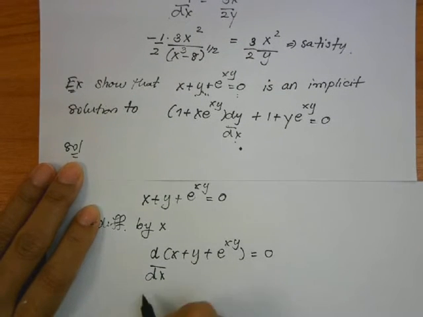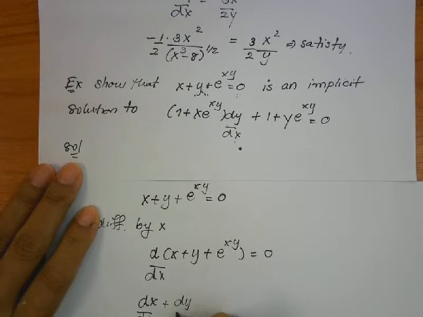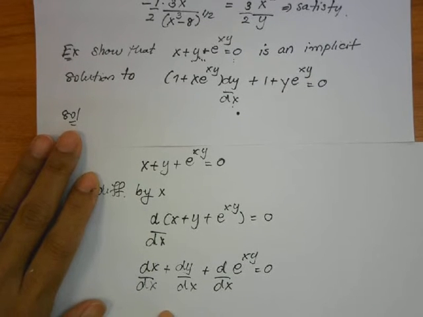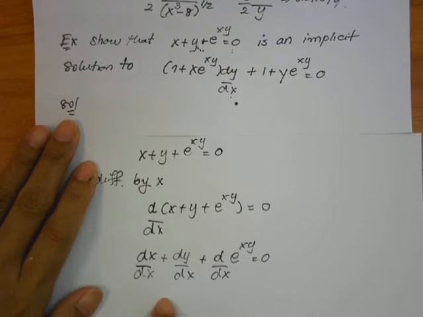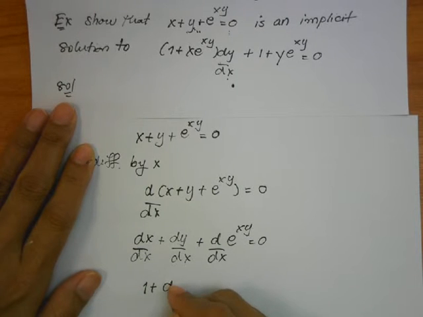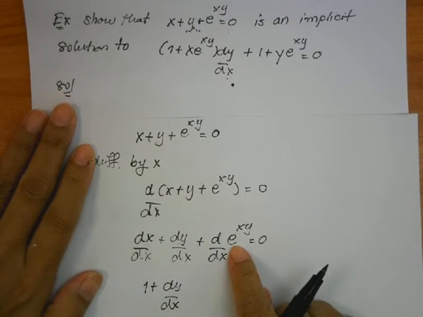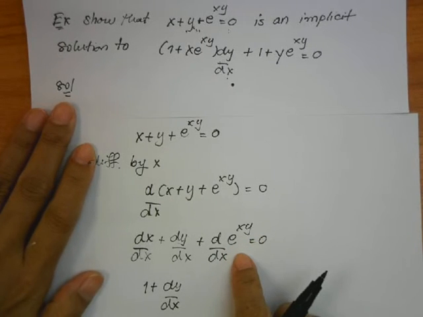You would get dx by dx plus dy by dx plus d by dx of exponential of xy equal to 0. dx by dx is equal to 1. dy by dx stays right there. How about the derivative of exponential xy by dx?